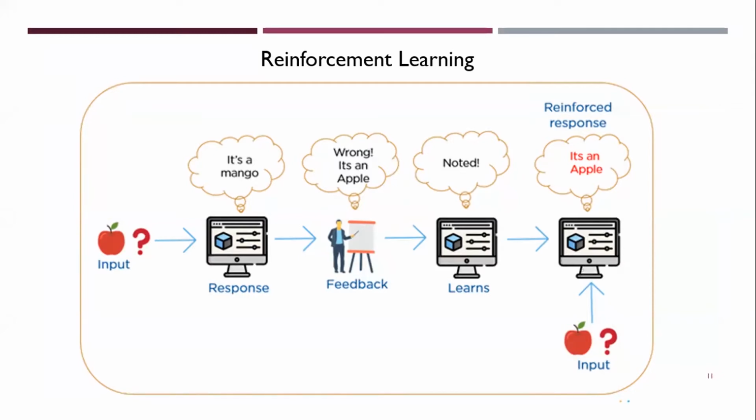If it gets it right, you reward it. That's the term used for a correct response. You reward it, and if it's wrong, you punish it and tell it what it is. So it will note that. That is the learning phase. So the next time you show it an apple, it will be able to tell you this is an apple.